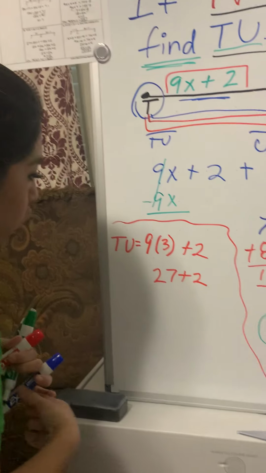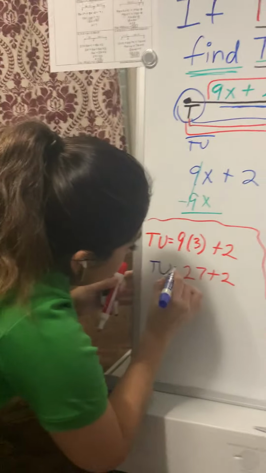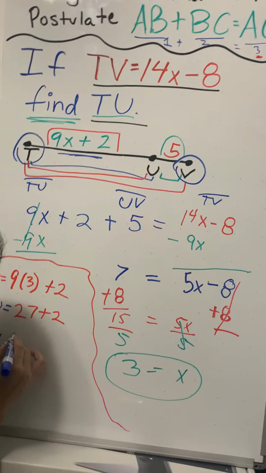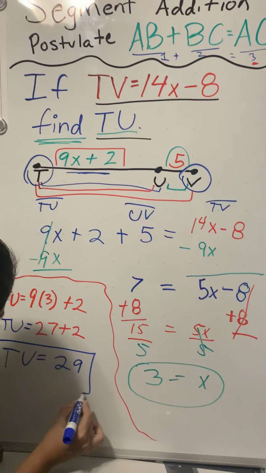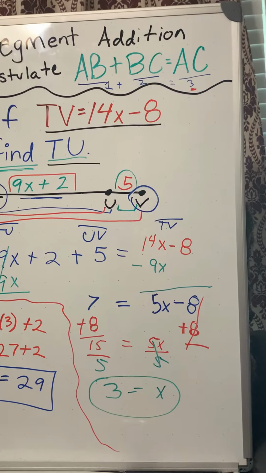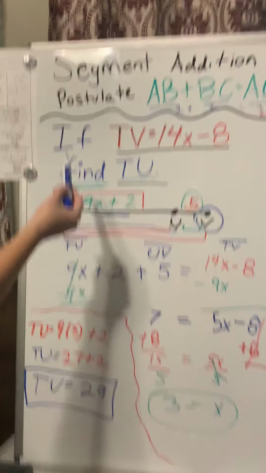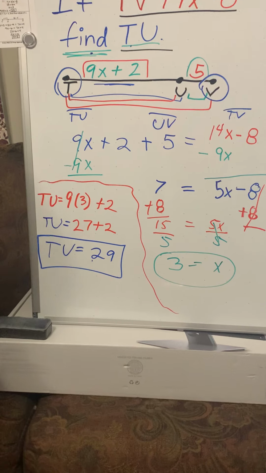Once we add that, we know that TU equals 29. This, boys and girls, is what the problem was asking us for. So we found TU to be 29.